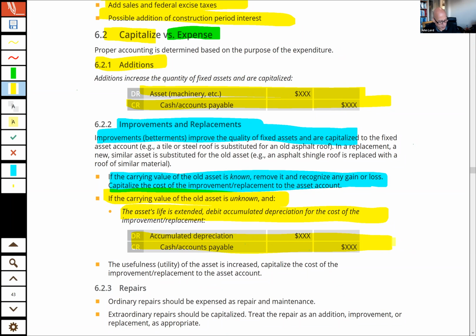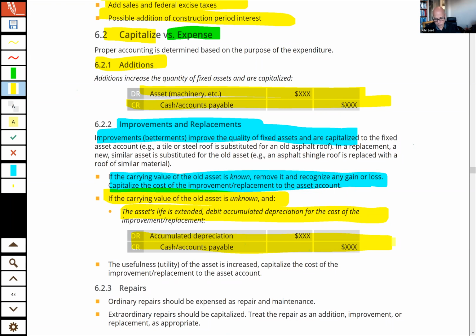Okay. Now you say, well, how would the carrying value of the old asset be unknown? Well, let's say you buy a building, and when you buy the building, there's a roof on it. You pay $500,000 for the building. It has a roof on it. Then 5 years later, you have to replace the roof. What's the carrying value of the roof? I don't know.